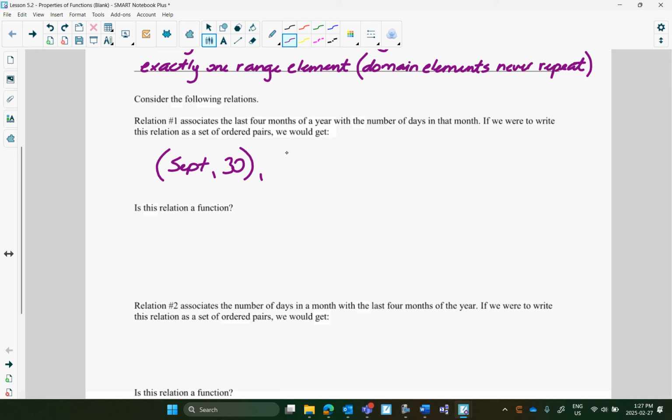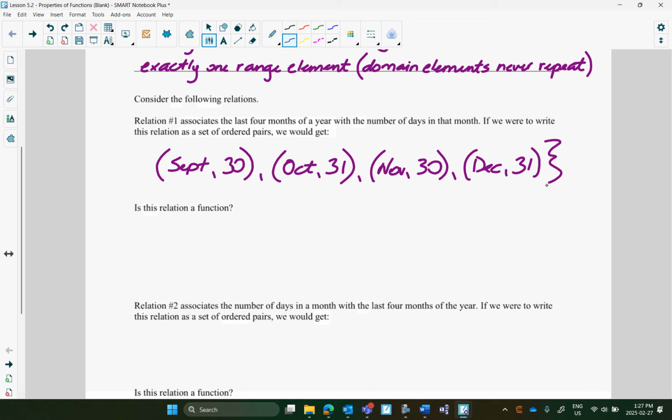The next ordered pair would be the next month, the third last, with the number of days, 31. And then the second last month, November, with the number of days, 30. And then December, I think we can all agree, 31. And then we put the fancy braces.